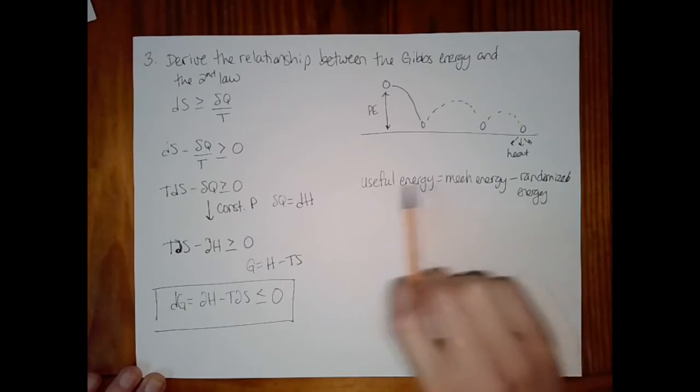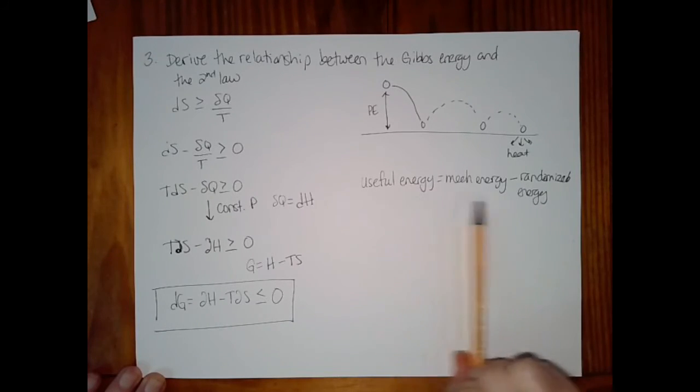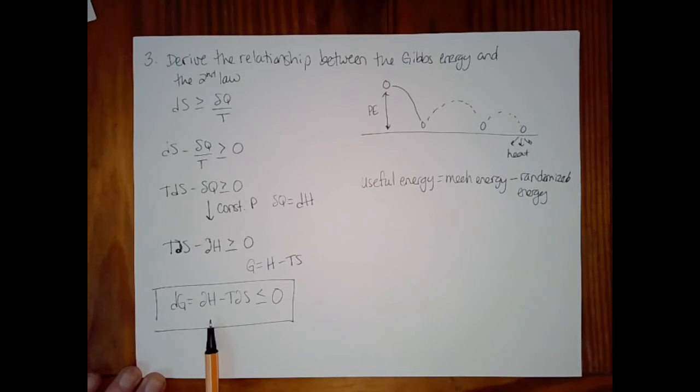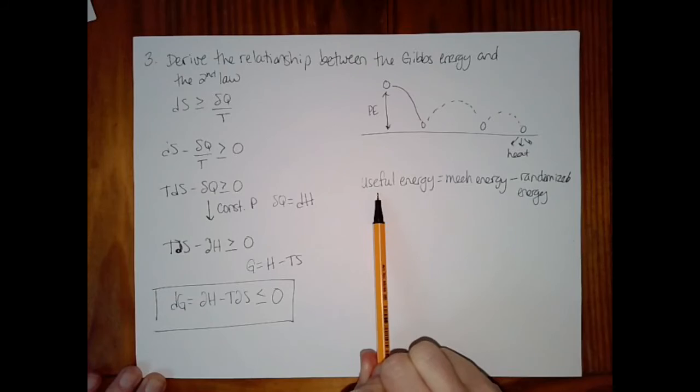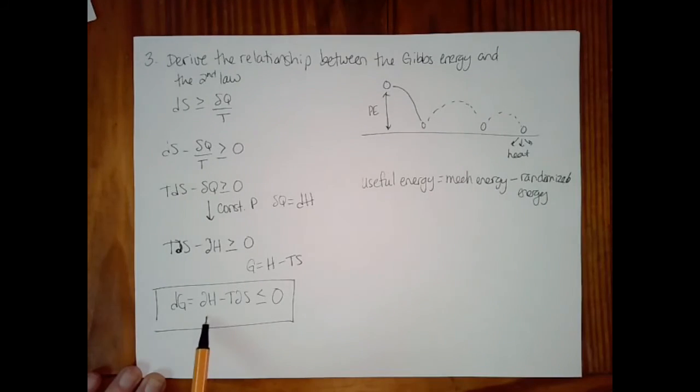So conceptually, we knew some idea like this should exist, and now you can see this concept is exactly mapped onto this equation, where the Gibbs energy represents the amount of useful energy in a system, and it's related to the mechanical energy, now represented in enthalpy, and this type of randomized energy.